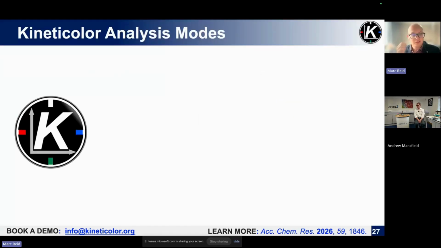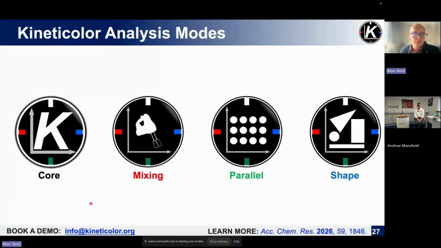What I've shared with you in this short webinar is using 2 of 4 major modules within Kineticolor software, the core color-based analysis and some elements of the mixing algorithms in the Kineticolor software as well. In our broader published works, there's even more detail and more sensitive mixing metrics that I've not exemplified today that can understand mixing in processes that are harder and harder to see in cases where the reaction might be near opaque, for example.